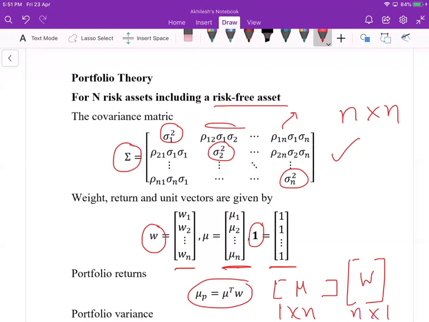When you multiply this, you will get a 1 by 1 matrix, I mean just a scalar, and this is the portfolio return. So in matrix notation, you can write mu p, the return on the portfolio, is equal to mu transpose into W, where mu is the return on individual assets. Okay, let's move ahead.